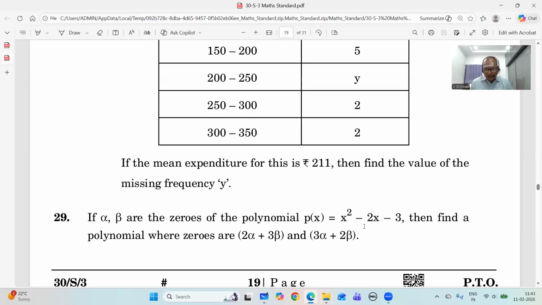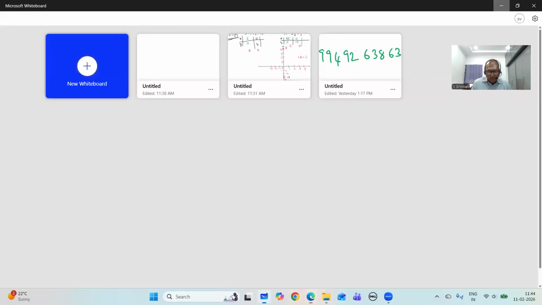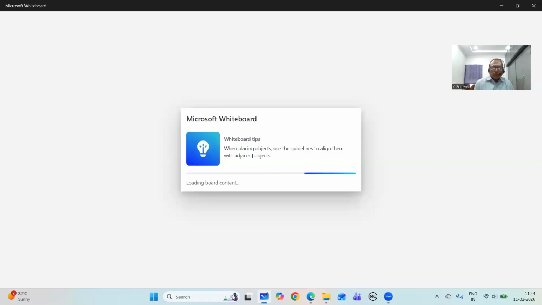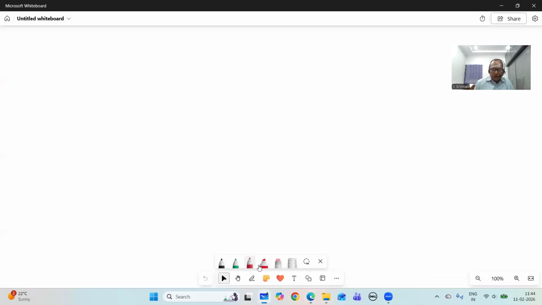This polynomial is x square minus 2x minus 3.